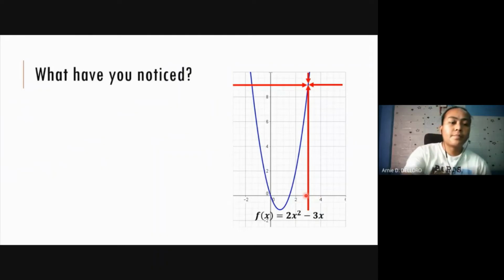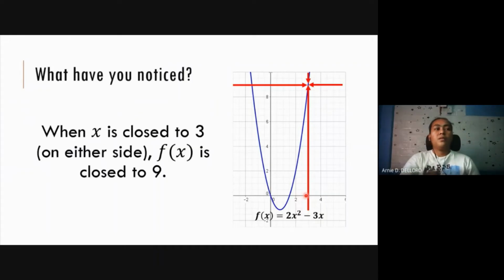Okay? This is actually the answer. So when x is close to 3 on either side of the graph, the function or f of x is close to 9. It approaches 9.